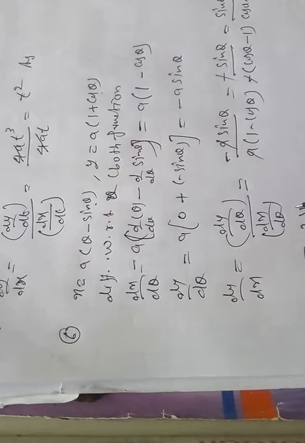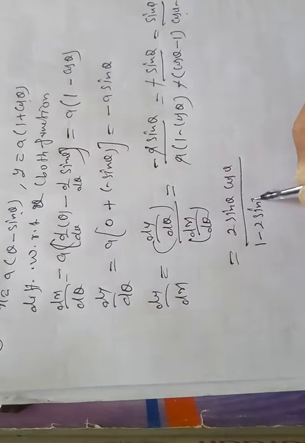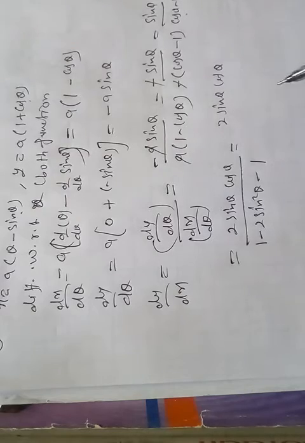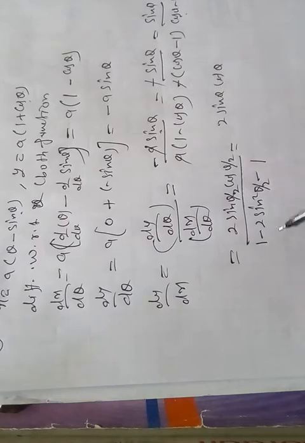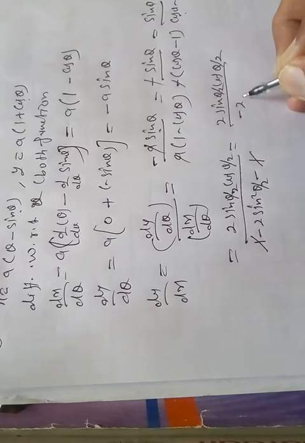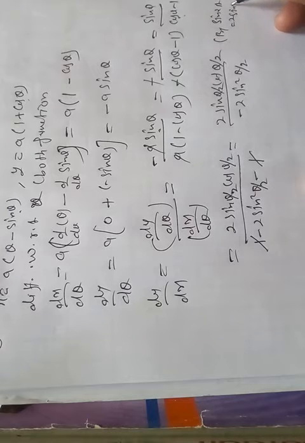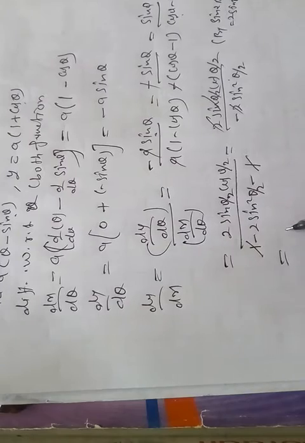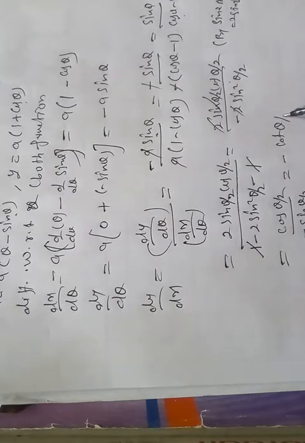Using sin 2A equals 2 sin A cos A, this becomes 2 sin(theta/2) cos(theta/2) upon minus 2 sin square(theta/2). Cancelling, we get cos(theta/2) upon minus sin(theta/2), which equals minus cot(theta/2). That is the answer.